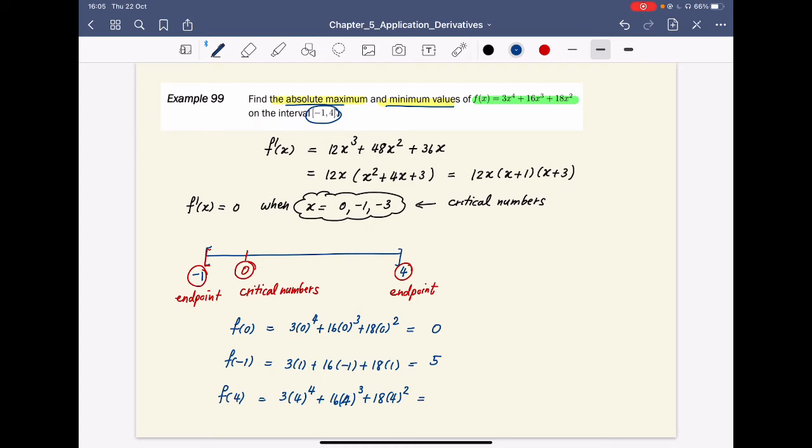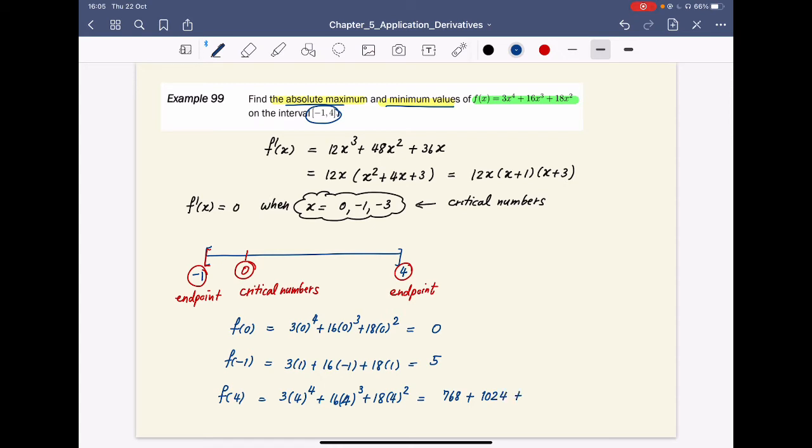Wow, this is going to be a big number. So 4 raised to the 4th power is 256, and then times 3, so this is 768, plus 16 times 4 times 4 times 4, which is going to be 1024, right?